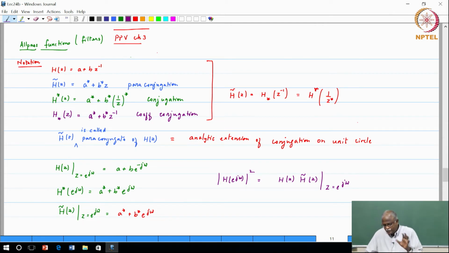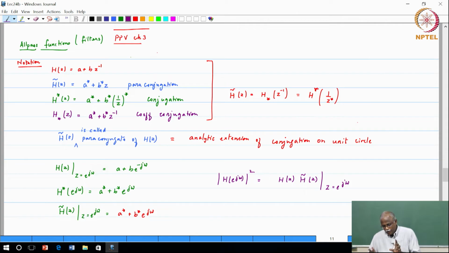Instead of just writing H conjugate of e to the j omega, often we are interested in magnitude squared, which means it is the product of H and H star. Everywhere other than the unit circle, you will have to represent it as H of z and H tilde of z. So that is a useful representation for us, and we would like to keep that picture in mind.